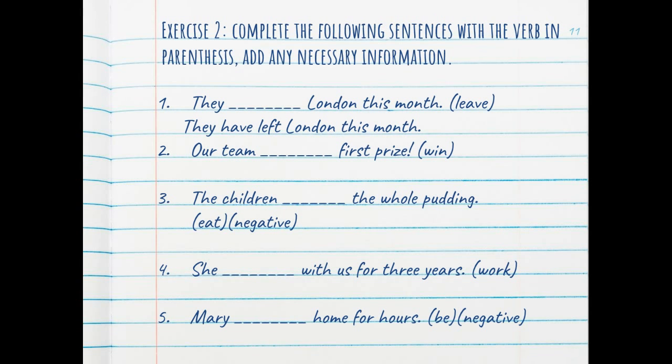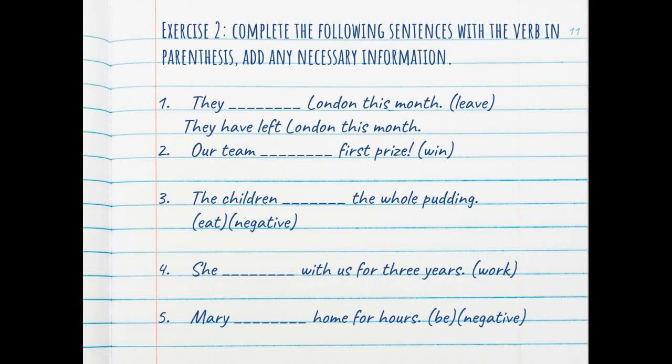Okay. For exercise number 2, we have complete the following sentences with the verb in parentheses. Add any necessary information. We have they, blank space, London this month. And we have in parentheses, leave. Okay? The answer to this one would be, they have left London this month.